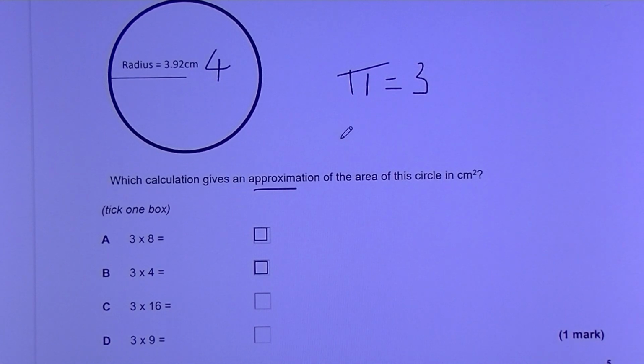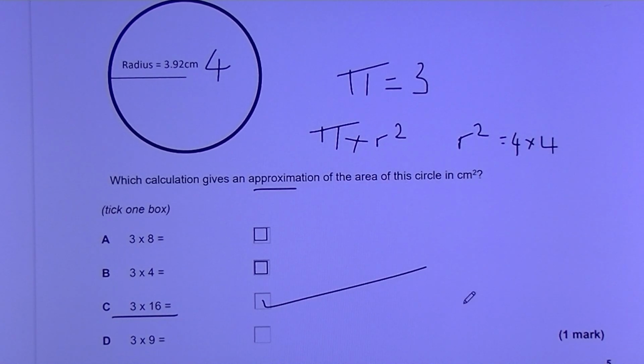The formula for the area of a circle is pi times the radius squared. If we're using the radius as 4, the radius squared would be 16. Three times 16 is the approximation of the area of that circle.